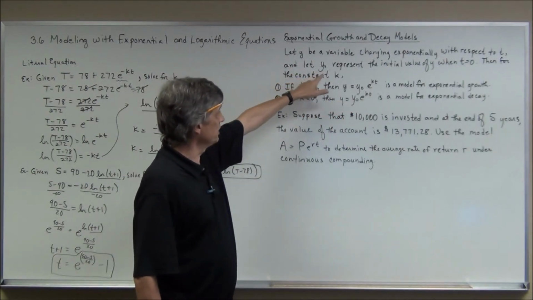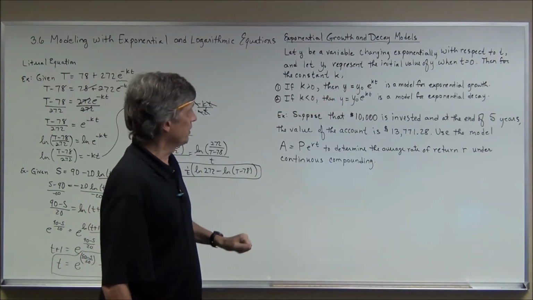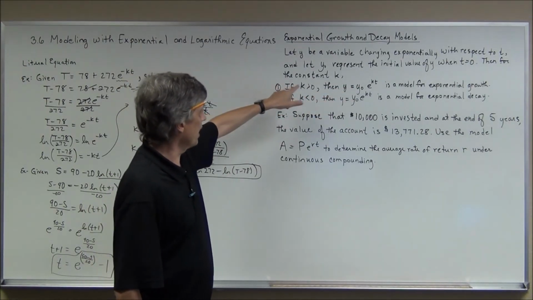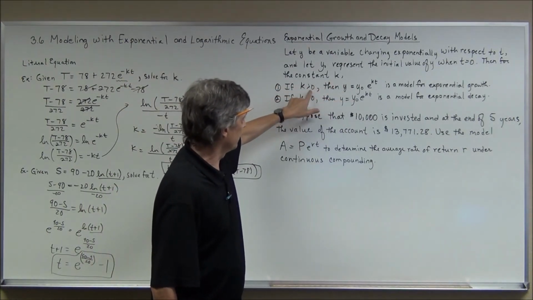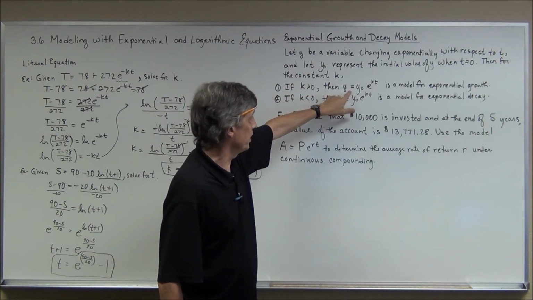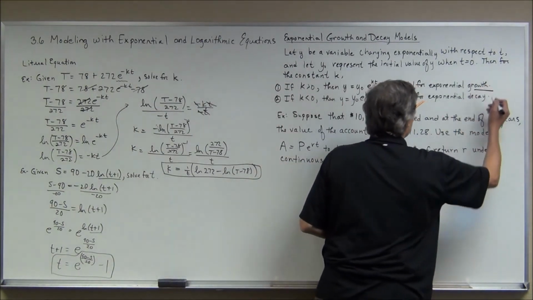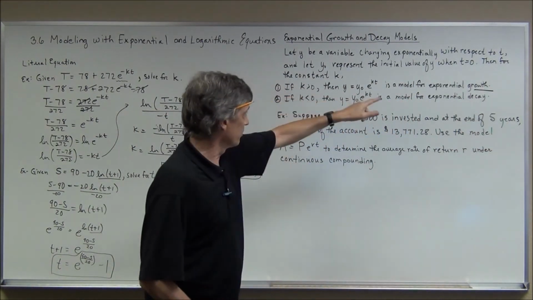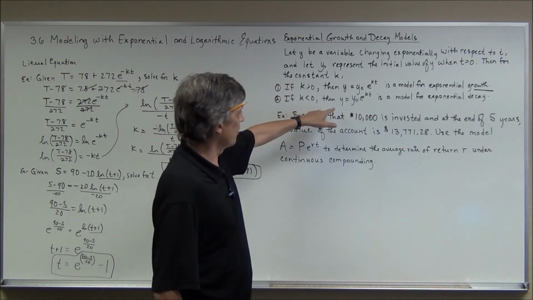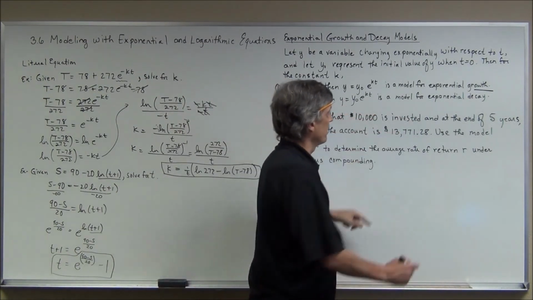And let y sub 0 represent the initial value of y when t is 0, the initial amount. Then, for the constant k, if k is positive, then this equation, y equals y sub 0 e to the kt, is a model for exponential growth. If k is less than 0, then y equals y sub 0 e to the kt power is a model for exponential decay.